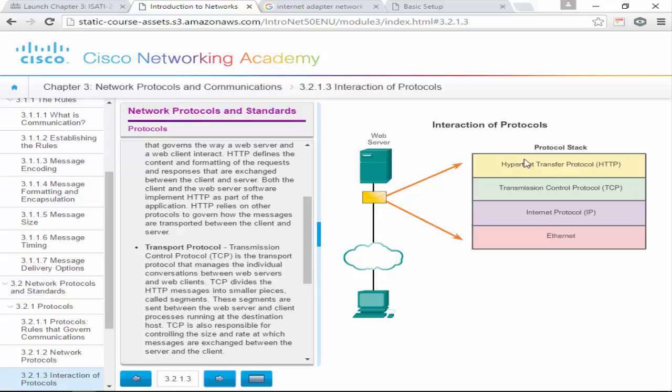HTTP actually has a TCP port number, so we went from the application layer to the transport layer, which is TCP. Then at the network layer, a protocol is IP, Internet Protocol, which is the addressing. And then for the data link layer, the encapsulation protocol is Ethernet if we're using our normal switches that we've been talking about.